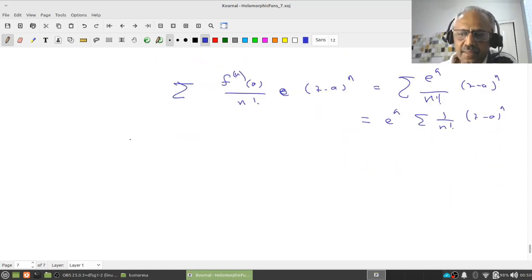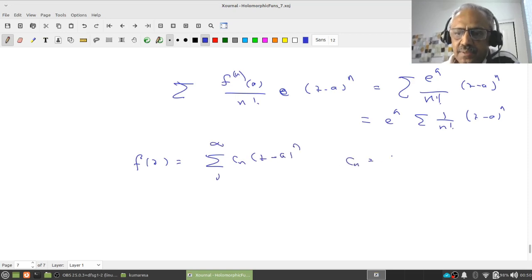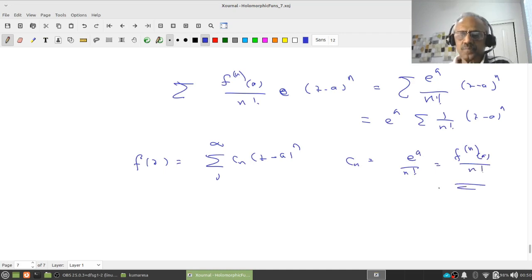Therefore if I write f of z as the summation c n into z minus a to the power n, what are my cn's? Cn's are nothing other than e power a by n factorial. So again we verified. Okay, pause, review, proceed.